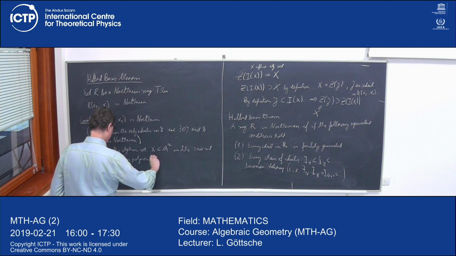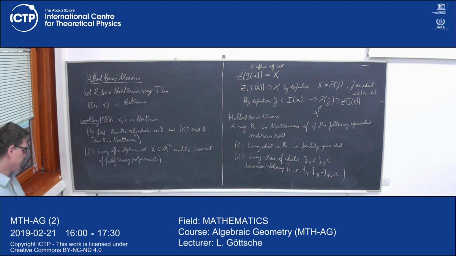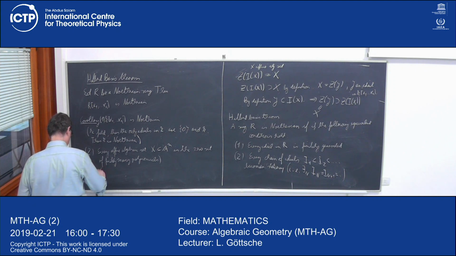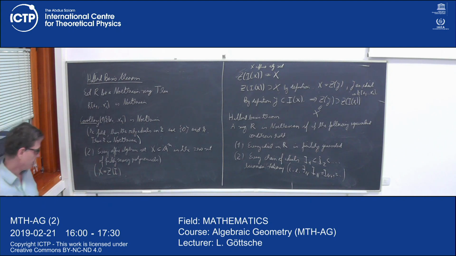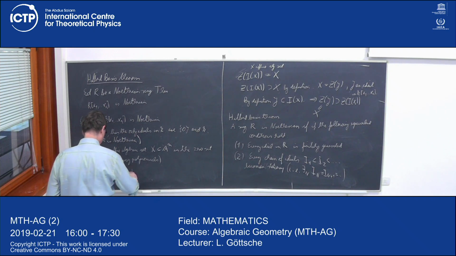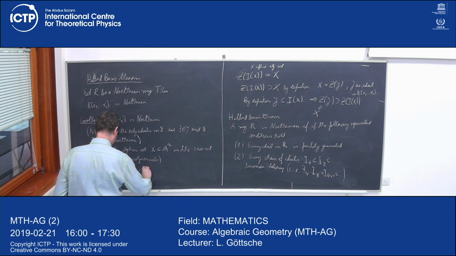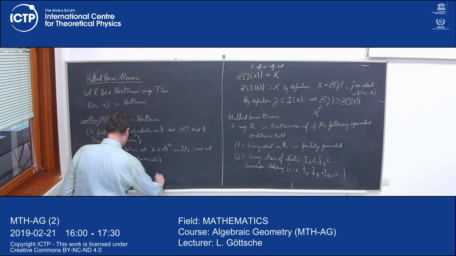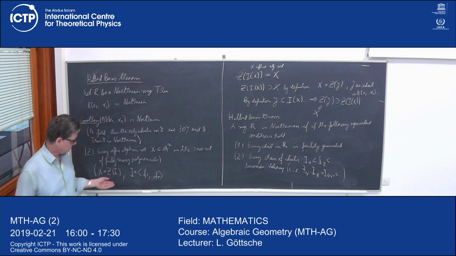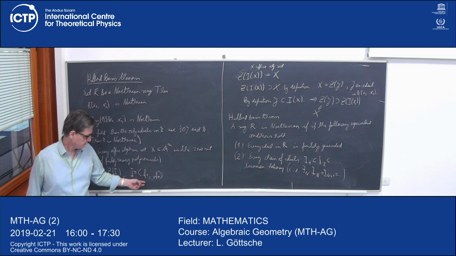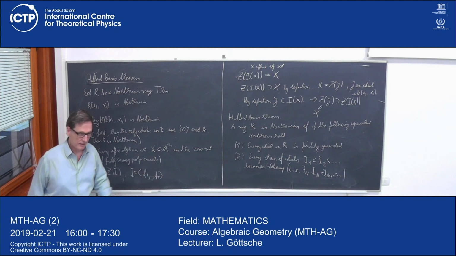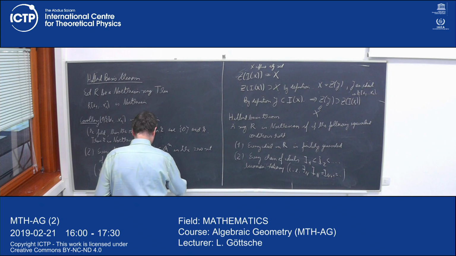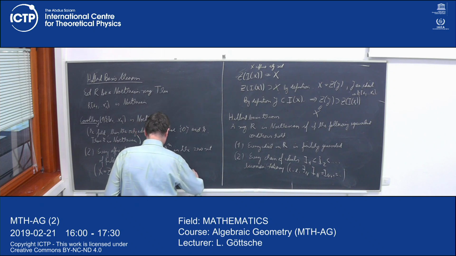So the common zero set of finitely many, namely, X is equal to the zero set of some ideal, as we had seen before. Now this ideal is finitely generated by generators. We know that the zero set of an ideal is equal to the zero set of any set which generates it.